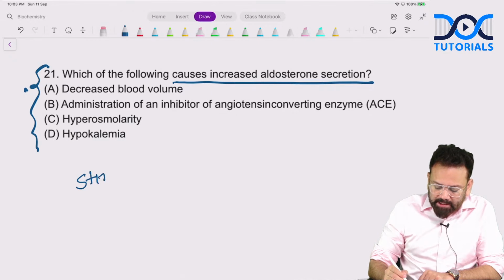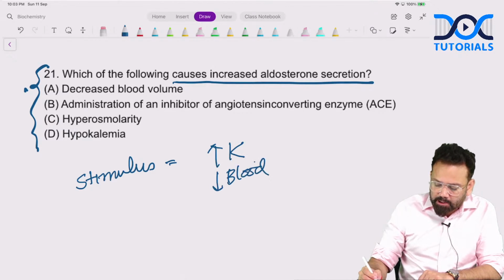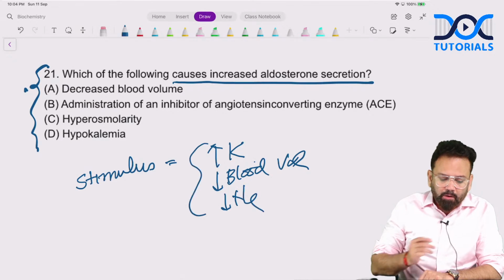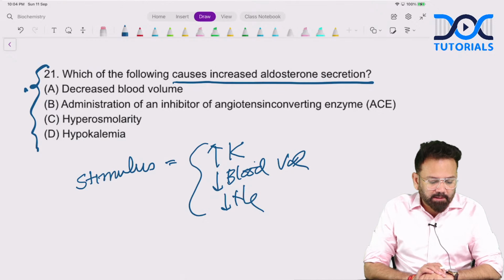It is not ACTH. The first stimulus is hyperkalemia. The second stimulus is decreased blood volume. And the third stimulus is decreased sodium. So here, what is the main stimulus for increased aldosterone? What is the answer?